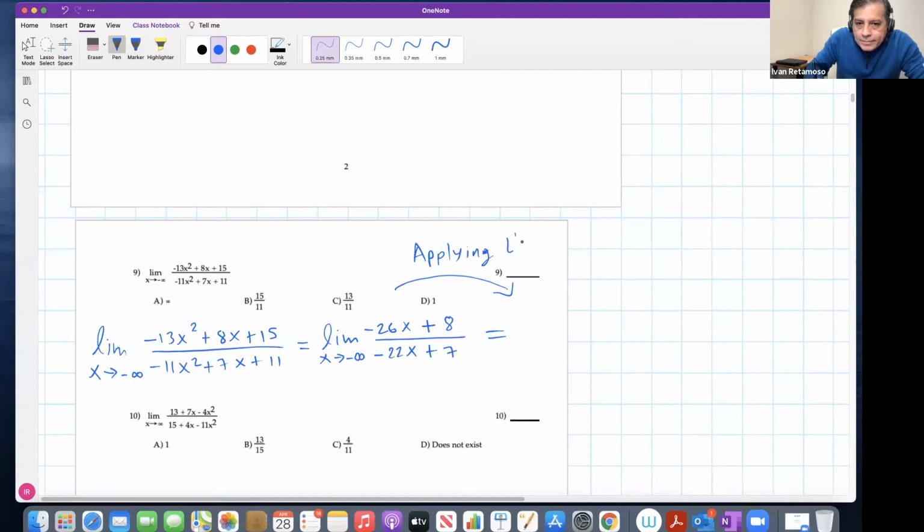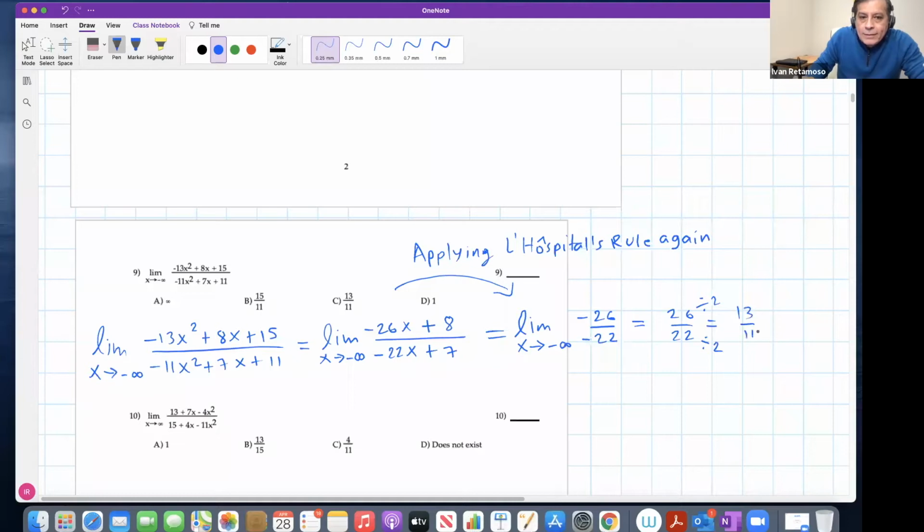Taking the derivative again, you will get that this is minus 26 now, and this is minus 22. Dividing these two, negative and negative cancel, 26 over 22, which simplifies once you divide by 2 to 13 over 11, which is there.